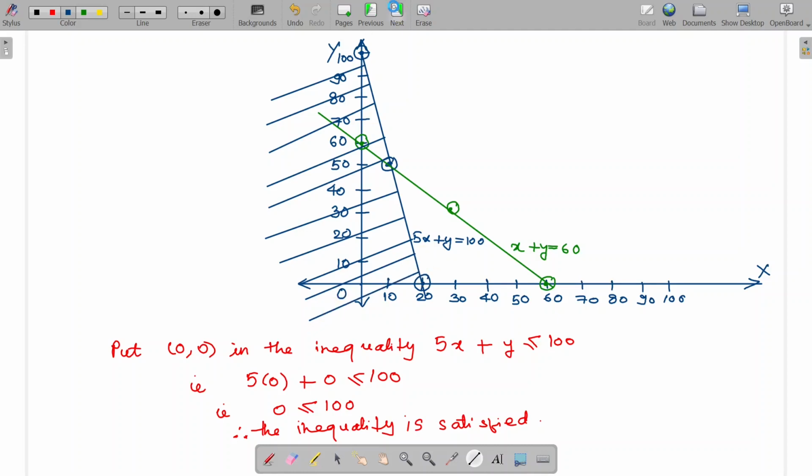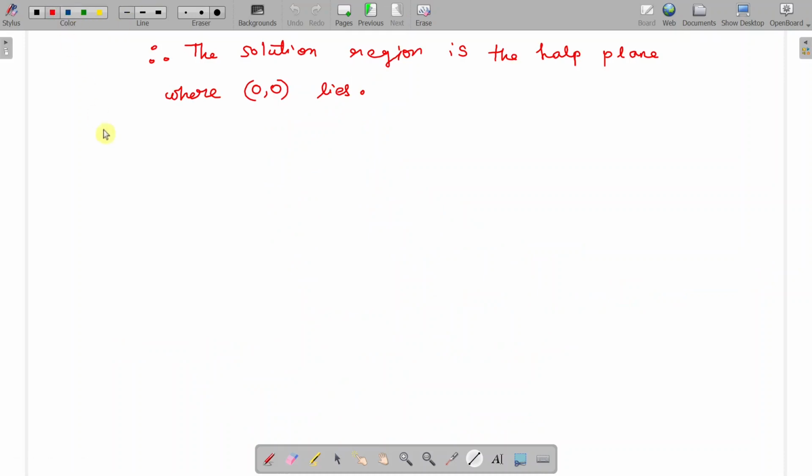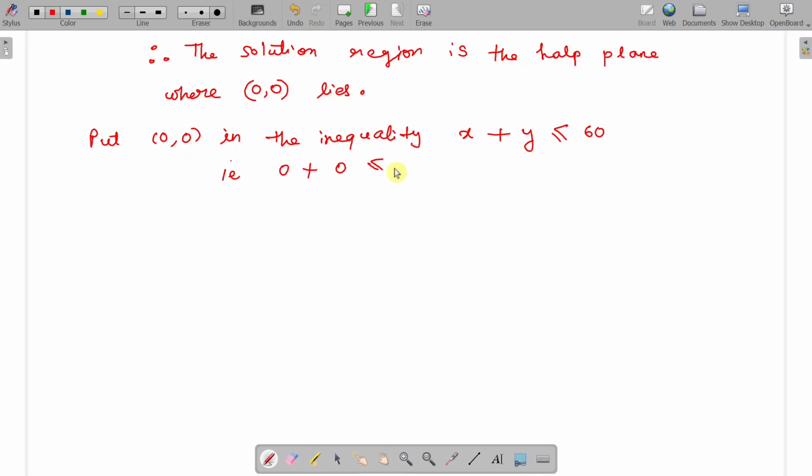Okay, now again we have to put 0, 0 in the second inequality. So put 0, 0 in the inequality x plus y less than or equal to 60. Okay, that is 0 plus 0 is less than or equal to 60. That is 0 is less than or equal to 60, right?